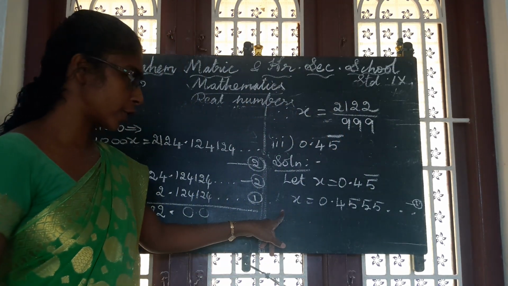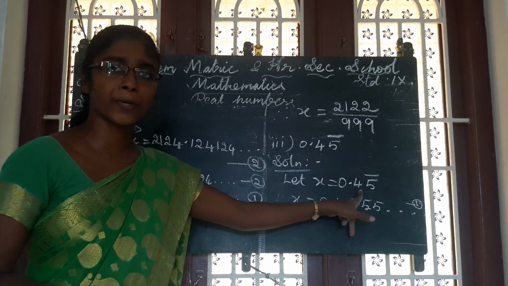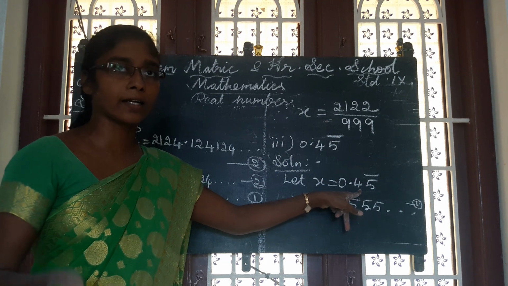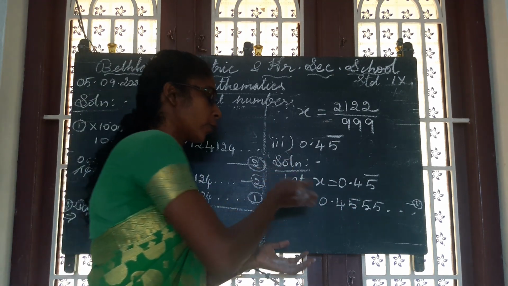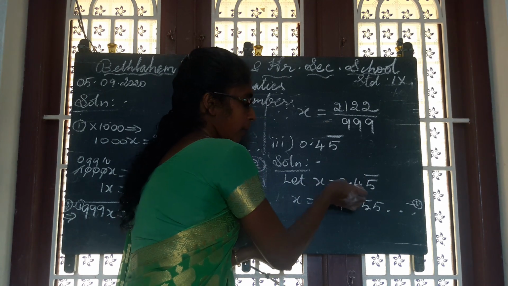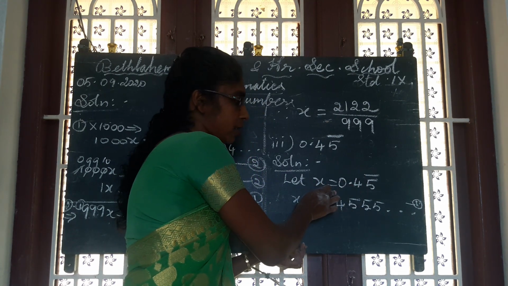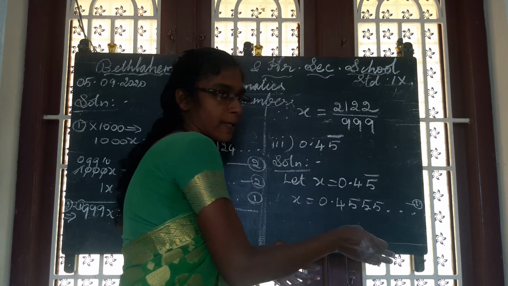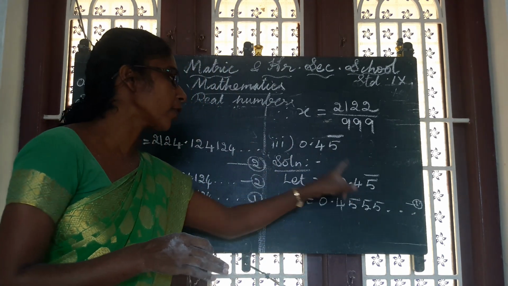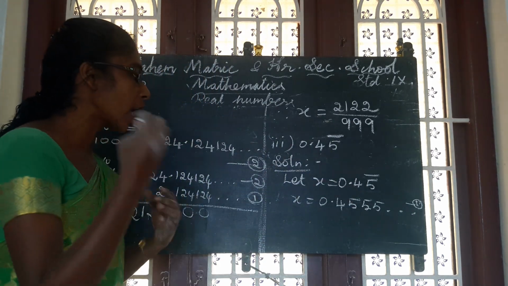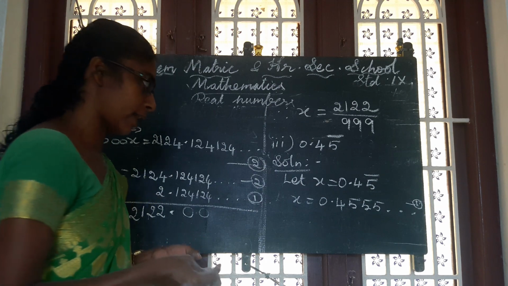First what you have to do, which digit is not repeating? 4 is not repeating. This 4 you want to take before the decimal point. First, the non-repeating digit you want to take before the decimal point. So we have to multiply by 10.